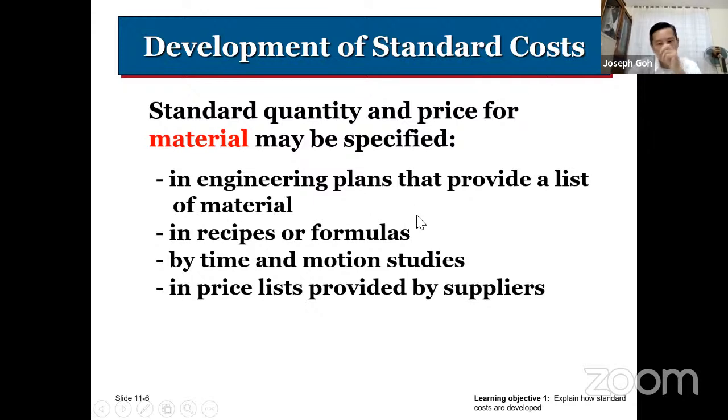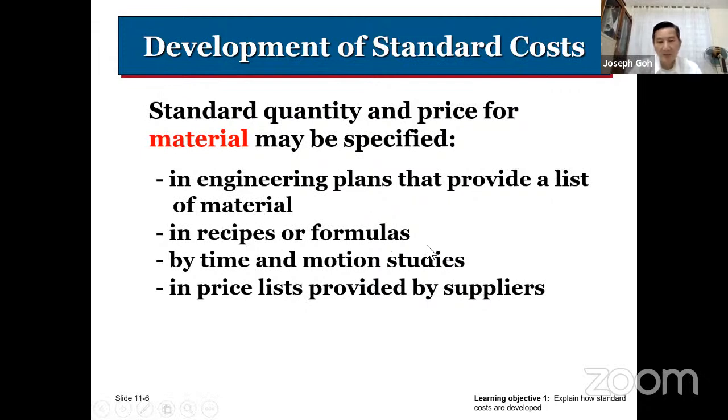A lot of planning needs to be done, and they will use the recipe or the formula. For example, if you are blending chemicals to produce preservative, there will be a fixed formula for you to use. Even if you produce detergent, the formula is there.